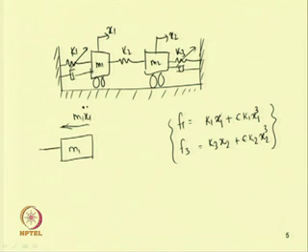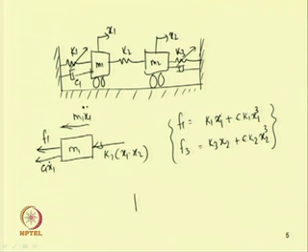Similarly, the spring force F1, which is nonlinear, and the damping force, which if this is C1 will be equal to C1 x1 dot. And the spring K2, let us assume a linear spring, will have a relative motion of x1 minus x2, so the force will be K2 times x1 minus x2.